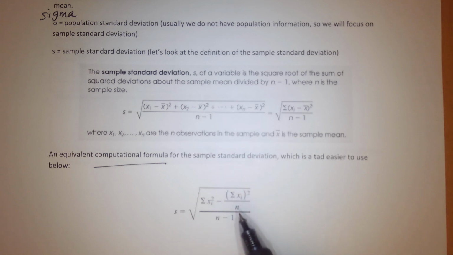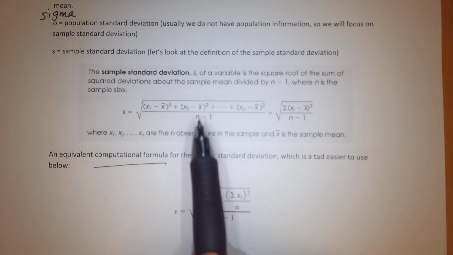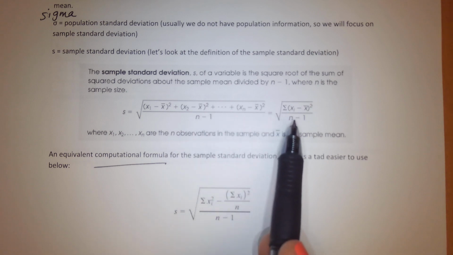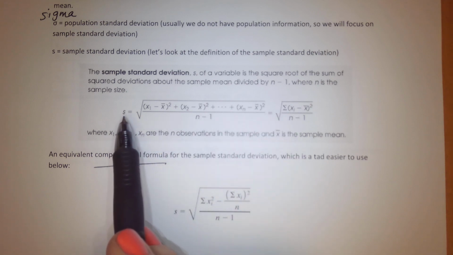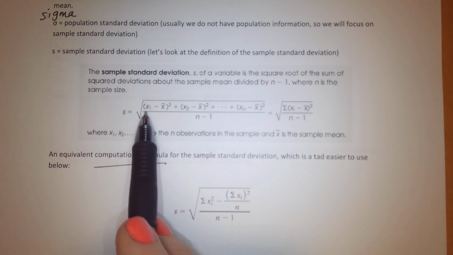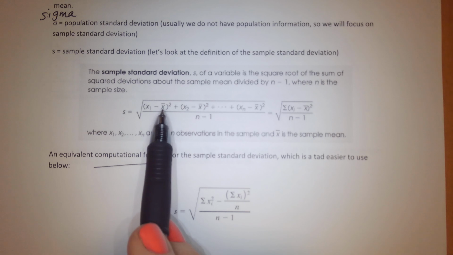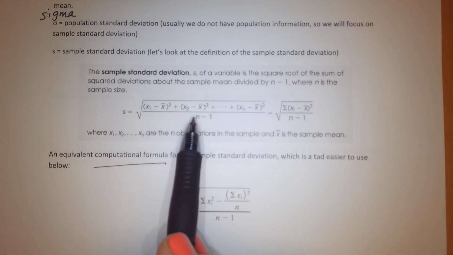They both result in the same answer, but this one might be a little easier to use from a computational standpoint. Let's just go through each of these values so you know what they are. Again, S stands for sample standard deviation. X1, X2, all the way up through Xn are the individual data values, or whatever's in your data set. X bar is the sample mean, and little n stands for the number in your sample.